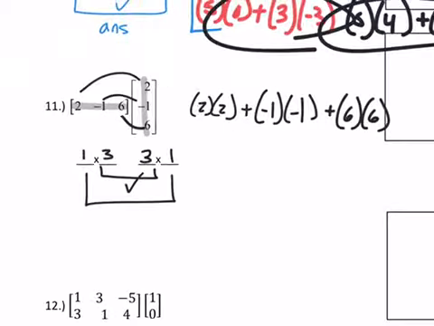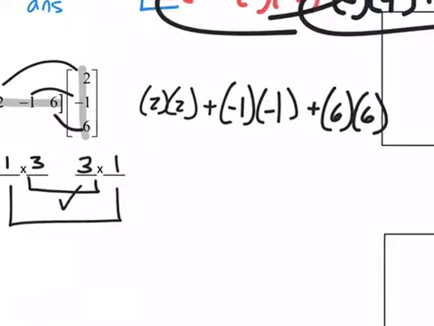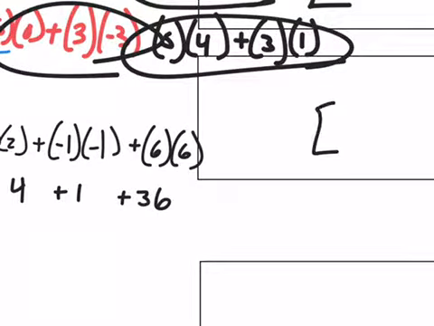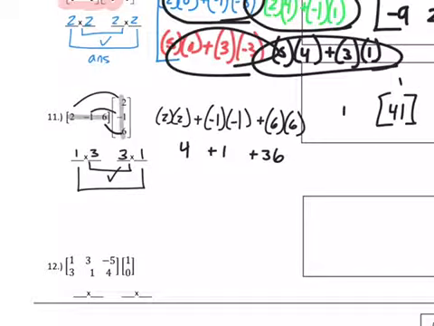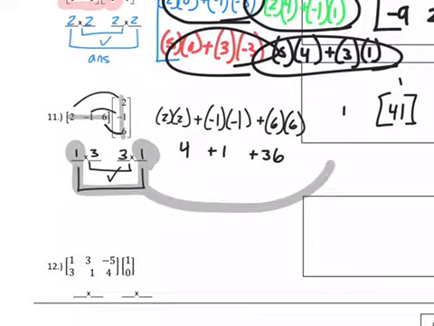All right, and all of those get added together because it's just a row by a column. When I put that together, I get a 4 plus a 1 plus a 36. That would tell me that my answer is just a 41. And that's a 1 by 1 matrix, just like we knew it was going to be, because of this 1 by 1 tells me the dimensions of my answer.